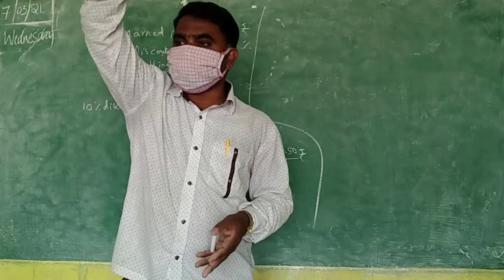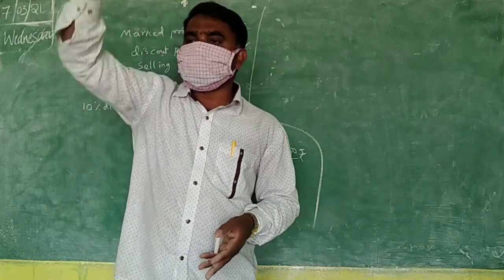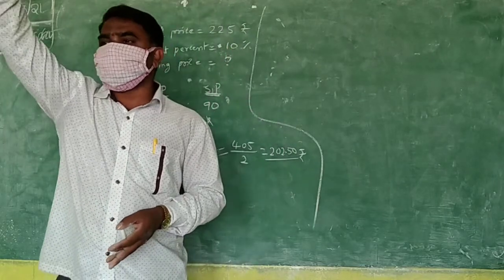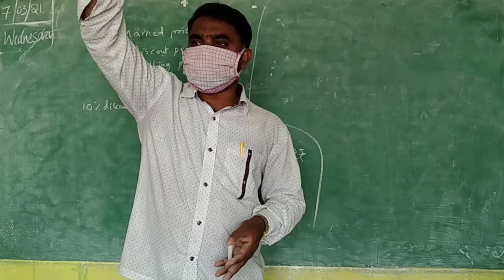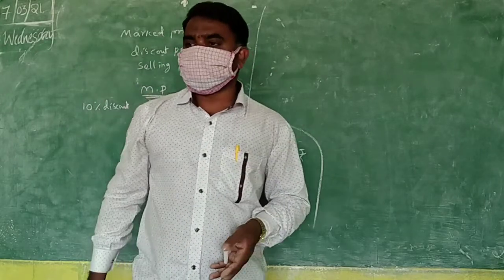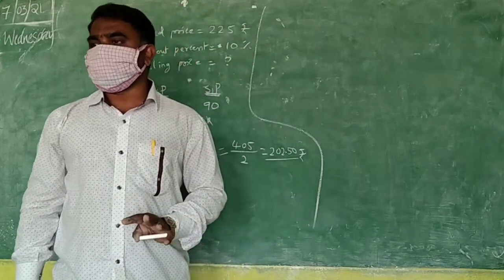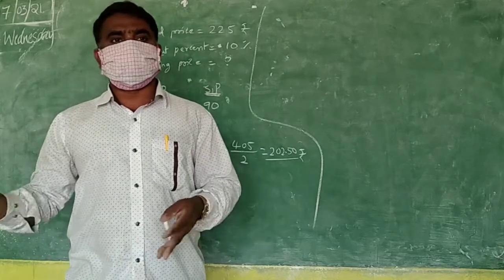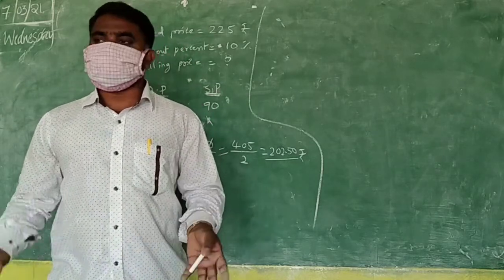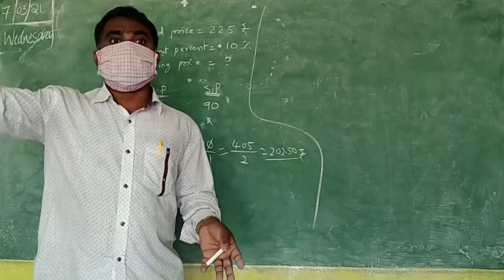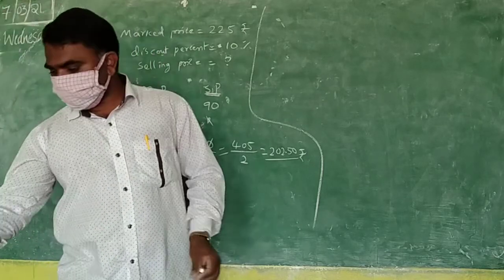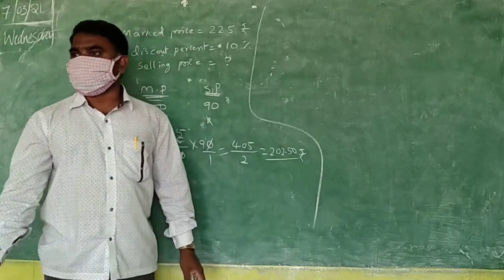That is called the market price. 100 rupees he purchases, he will write 200 rupees. So that is the market price. From the market price, he will give the discount. That is the business pattern. On cost price, if he gives discount, he will always get a loss. So what is the use of doing business? That's why the discount is always on the market price. So in this problem it is clearly given: find the market price.